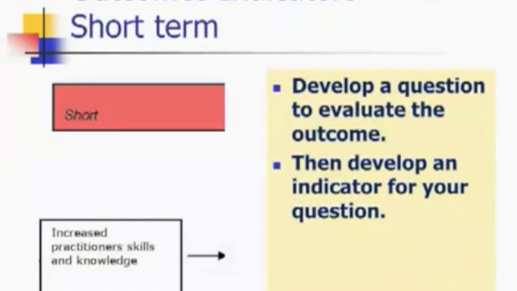So now we've arrived at outcomes, and we're going to do short, medium, and long-term outcomes, and we'll start with the short-term outcomes. Our short-term outcome is increased practitioners with skills and knowledge in family planning service provision, and we're going to develop an evaluation question for this outcome, and then an indicator to assess this question.